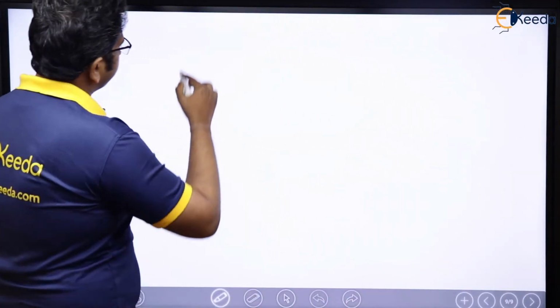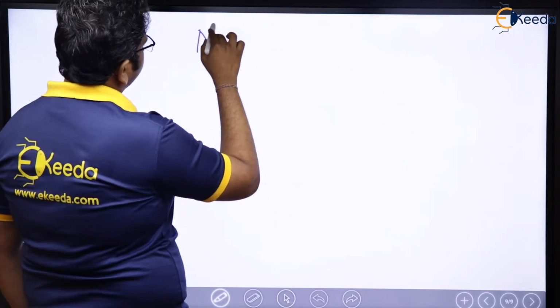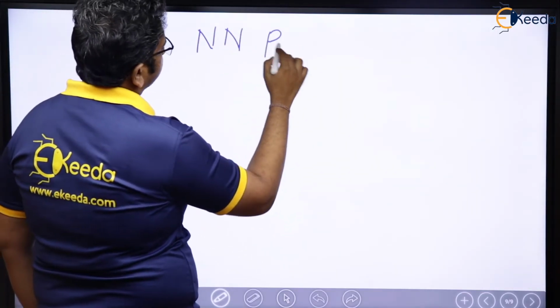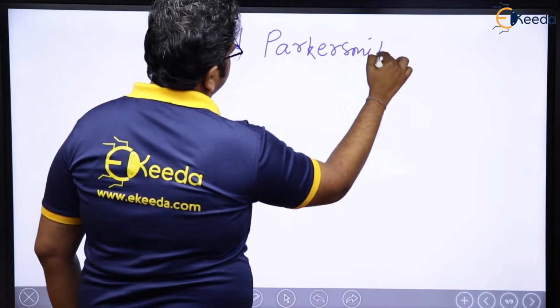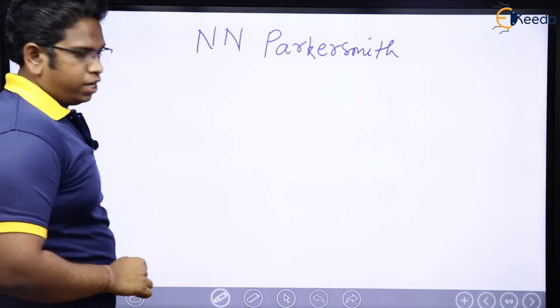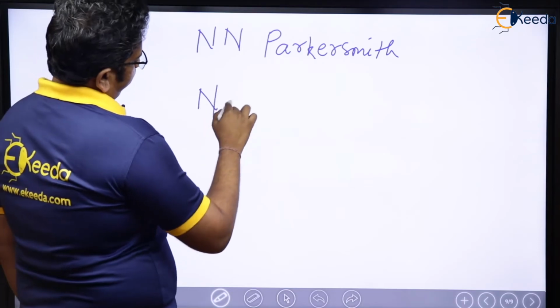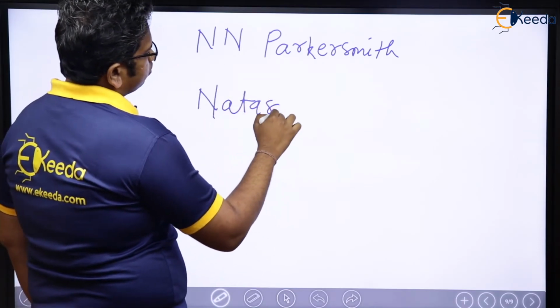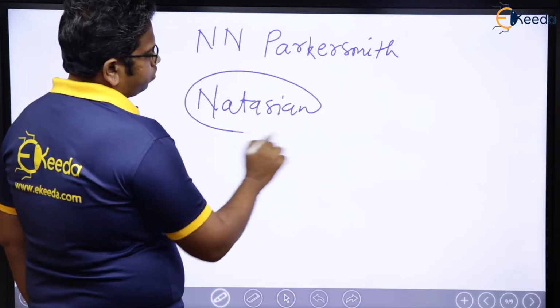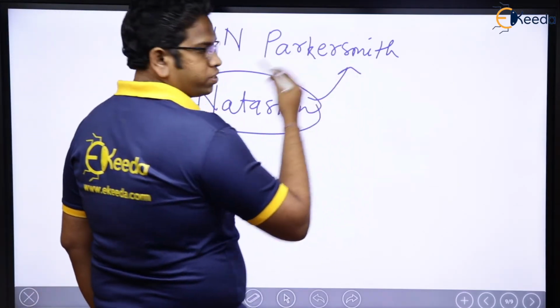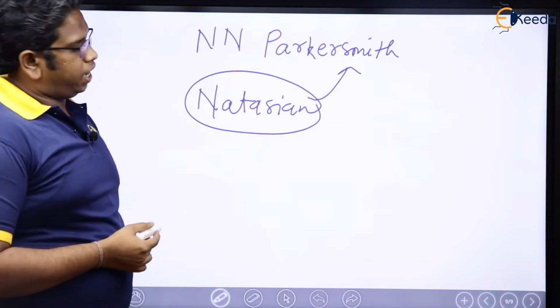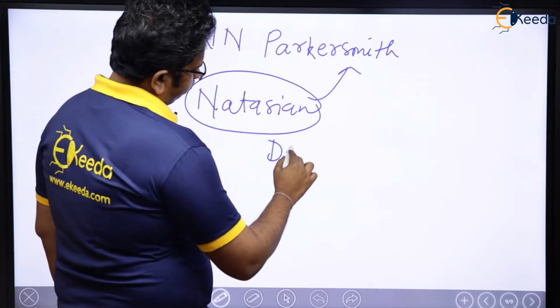Yes. So now, if you see here, there was one author named N. Parker Smith. And there was a person who solved one problem of this Parker Smith book, and he gave one derivation.